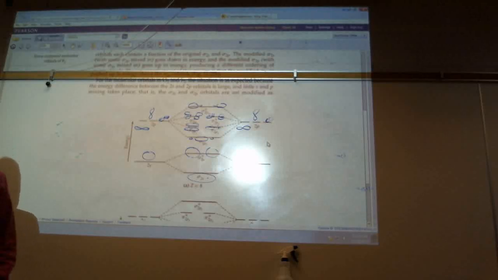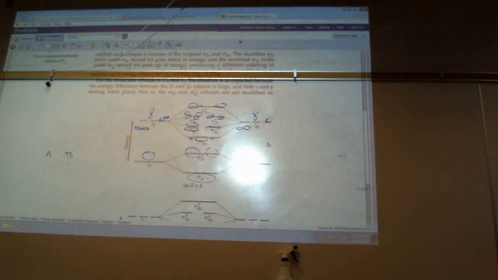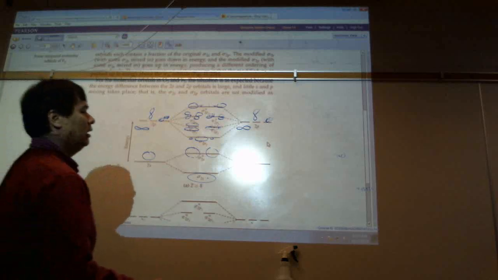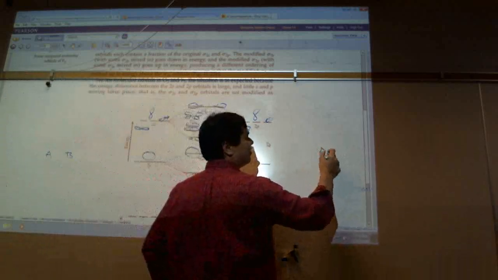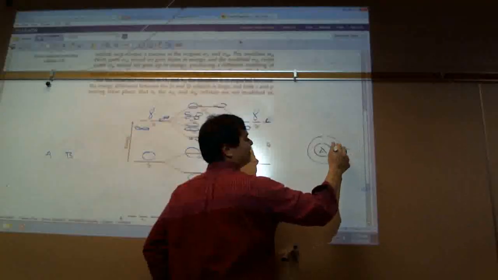And so this is how we map it out. If we have a diatomic molecule AB, what are the orbitals? Well, if we had an atom, what are the orbitals? The orbitals: 1s, 2s orbital.